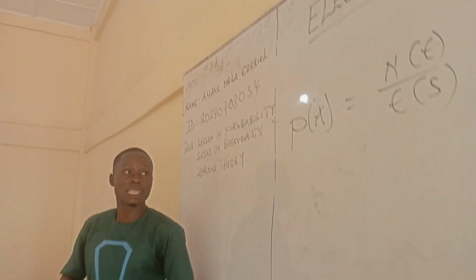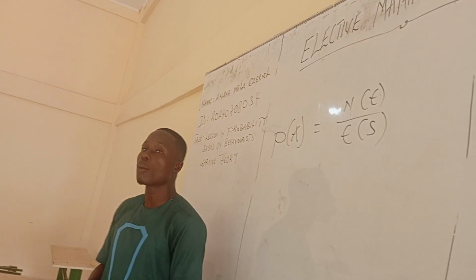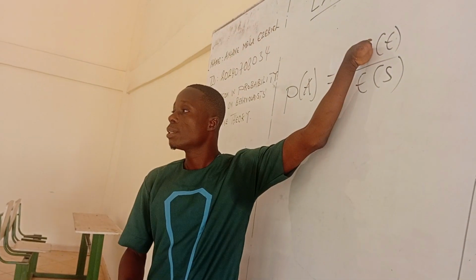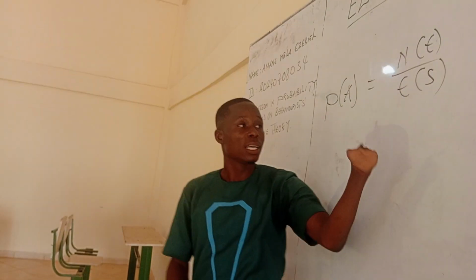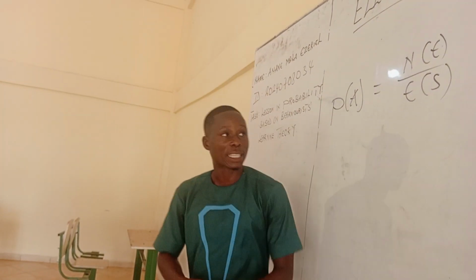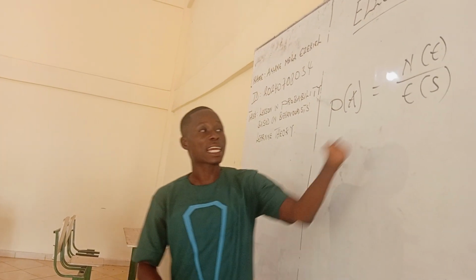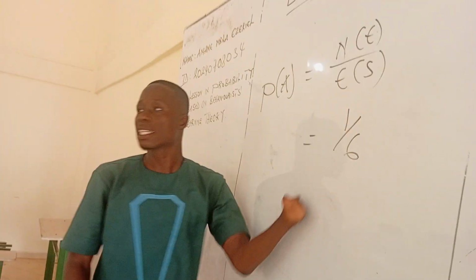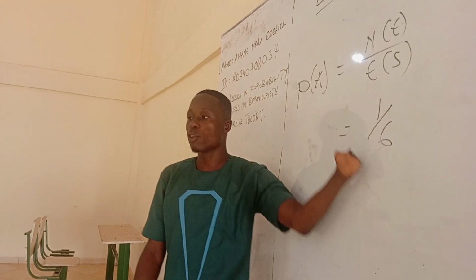Sometimes when you are giving the trial, you cannot predict the number of the face that you are going to get. Your face could either be 1, it could be 2, it could be 3, it could be 4, 5, it could be 6. And the number of sample space gives us from 1 up to 6. Matthias' trial was what? 6. So the single trial will give us 1/6. And this gives us the probability of Matthias' trial. And that is 1/6.